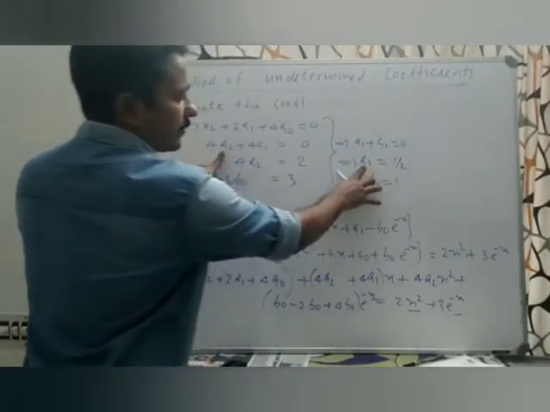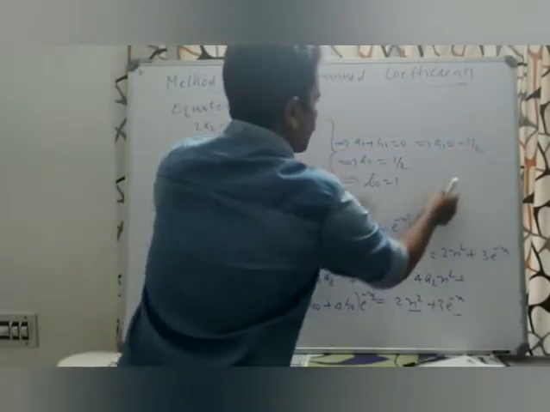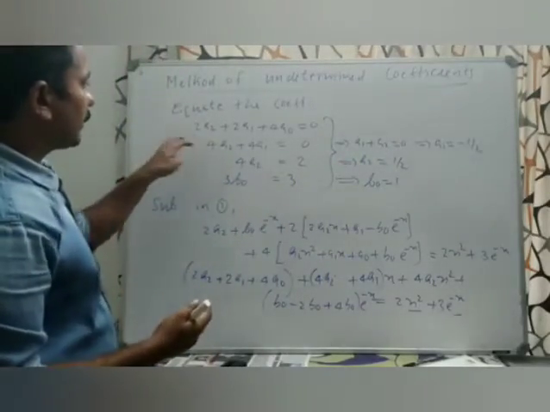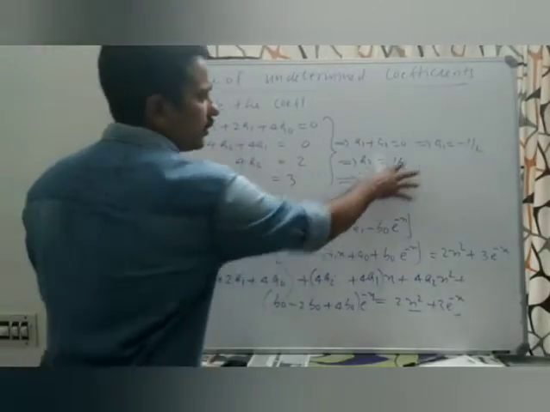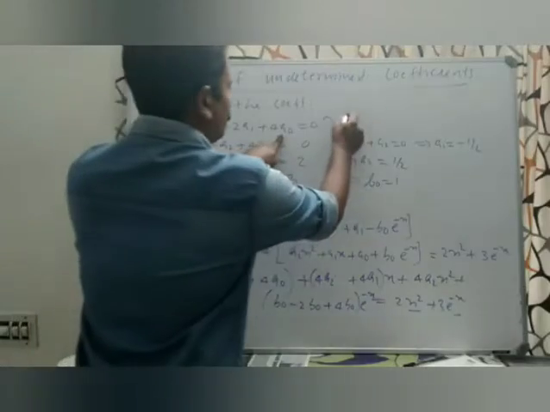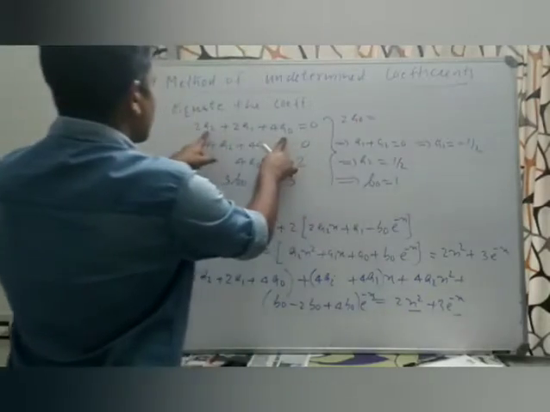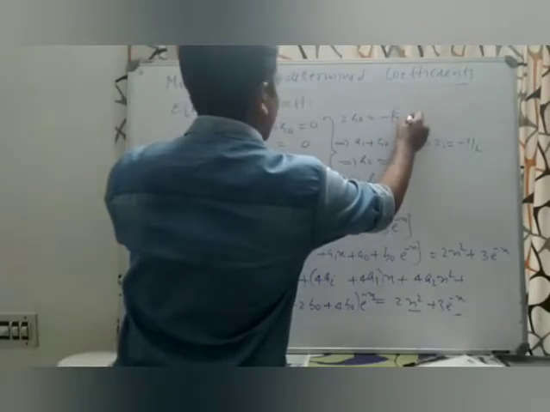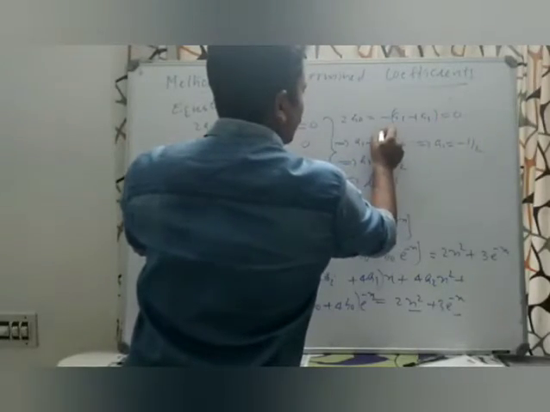And if a2 is 1 by 2, here actually 4 times a1 plus a2 is equal to 0, so a1 plus a2 equal to 0, where a2 is equal to 1 by 2. So from that you will get a1 is equal to minus 1 by 2, because the sum of a1 and a2 should be 0. There were 4 constants. Out of 4 we got b0, a1 and a2. Now it remains only a0. You can divide the whole equation by 2, you will get 2 a0 is equal to minus of a1 plus a2, and a1 plus a2 is equal to 0, therefore a0 is equal to 0.